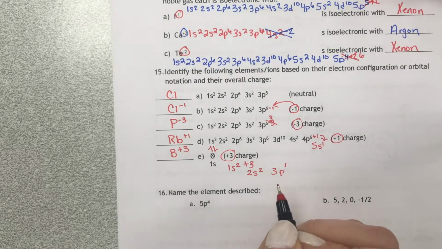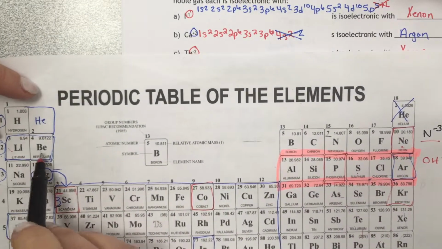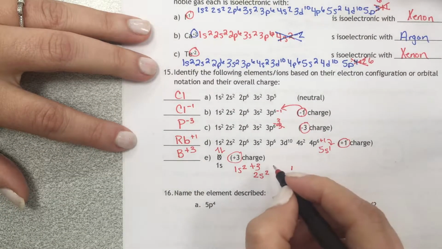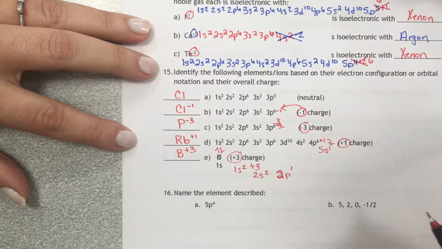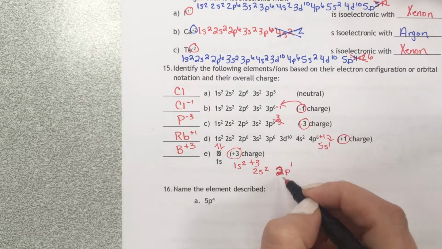Oh, yeah, that makes sense. Okay, I'm okay with this. That's why I was confused. So that's actually a 2.